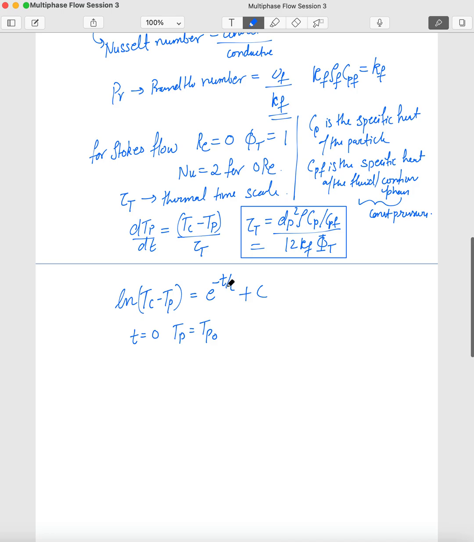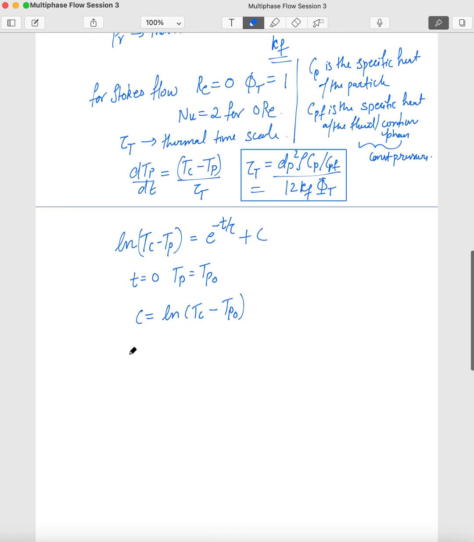So at t equals 0, C is equal to ln of (Tc minus Tp naught), and so what we get is ln of (Tc minus Tp) divided by (Tc minus Tp naught) equals minus t by tau. Sorry, it shouldn't be e, it should be t by tau.